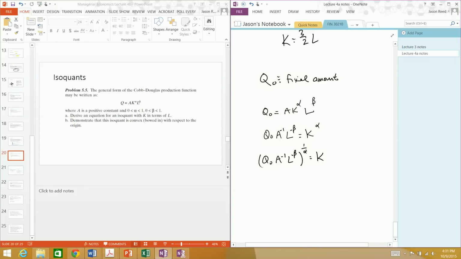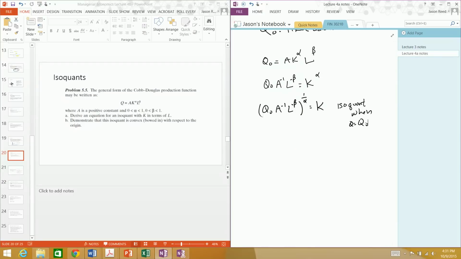This is now my derived equation for the isoquant when Q is equal to Q sub naught.